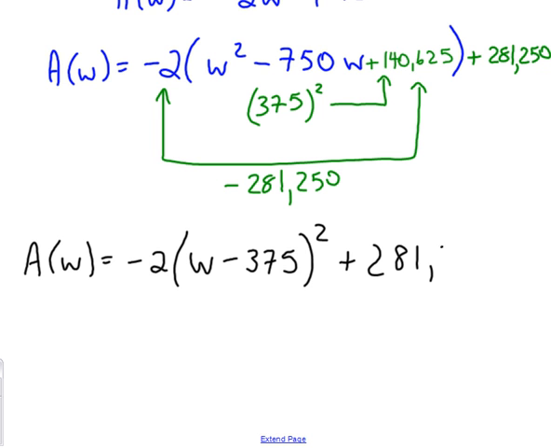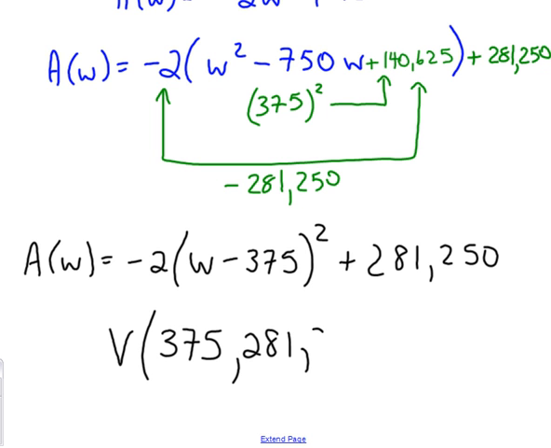As we said last day, the vertex usually contains part of the solution. So the vertex in this question would be: this parabola has moved 375 units to the right. The parabola has moved up 281,250 units. And it opens down because the a value is negative 2.